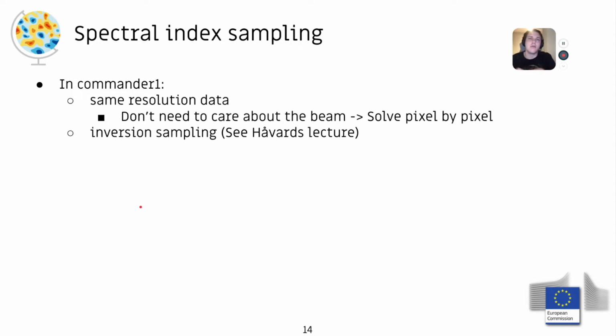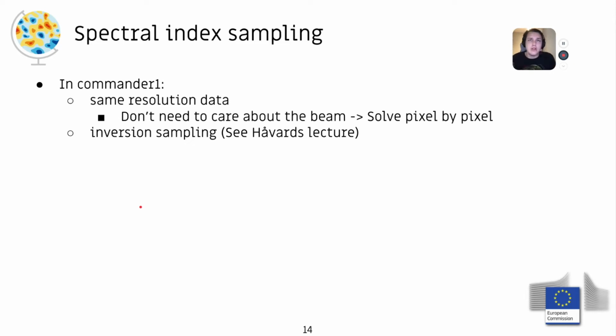And that's something that we have to do because the relationship between the spectral indices and the data is not linear, unlike the amplitude. So it is a bit more computationally expensive, but it works very well with this sort of data.